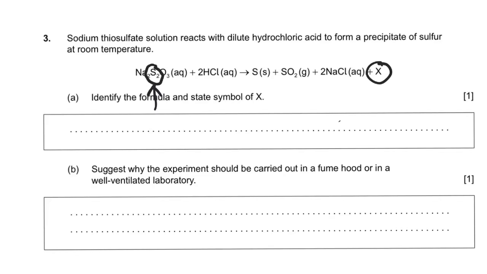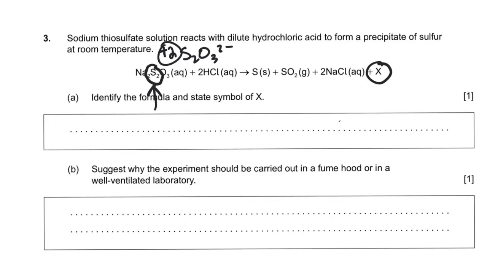Well, if the thiosulfate, if we write that out here, if oxygen each is -2, that's 3 of them, that's -6, and the whole thing is -2, then the sulfur has to be +2.